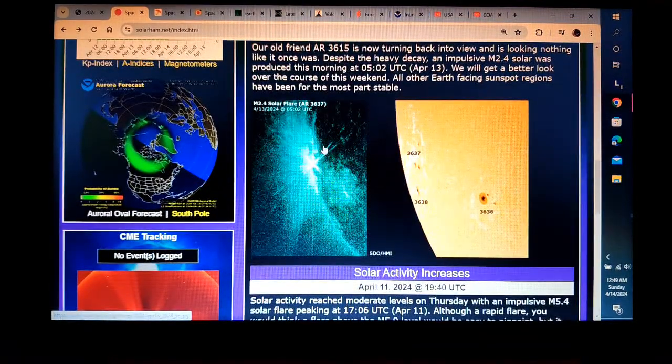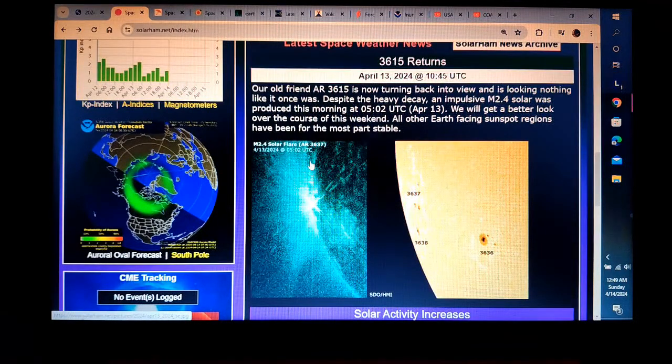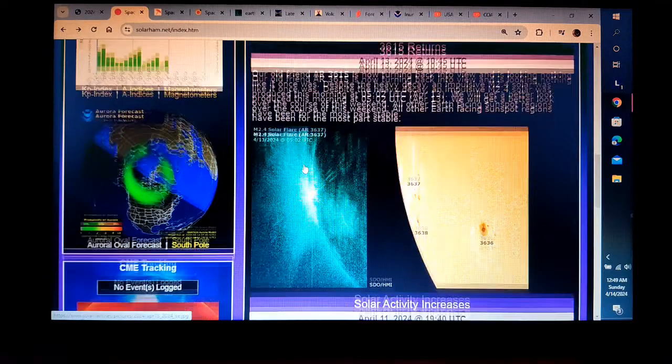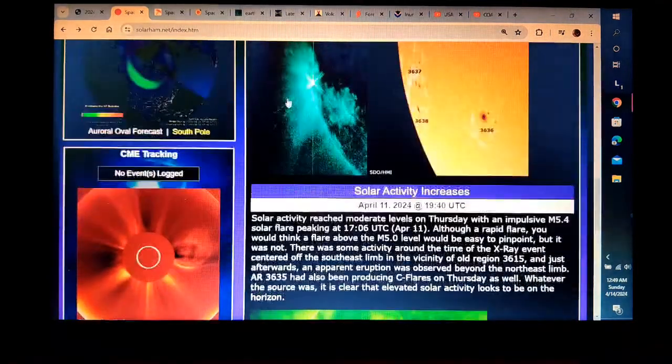They didn't even tell you which one it is. Is it 3670 or this one right here, 3637? Might be the old 3615, I think, or it's this one. One of the two, we'll find out. I think it's that one right there.